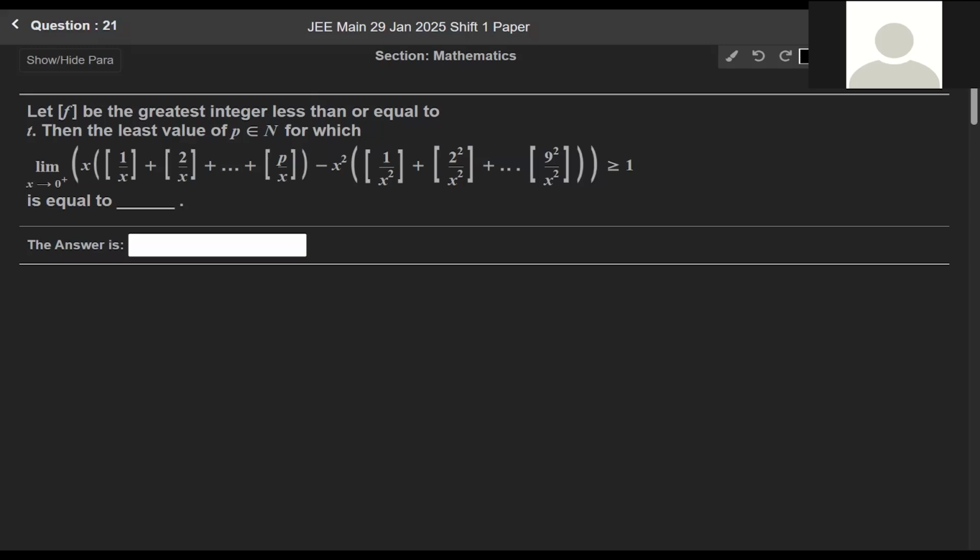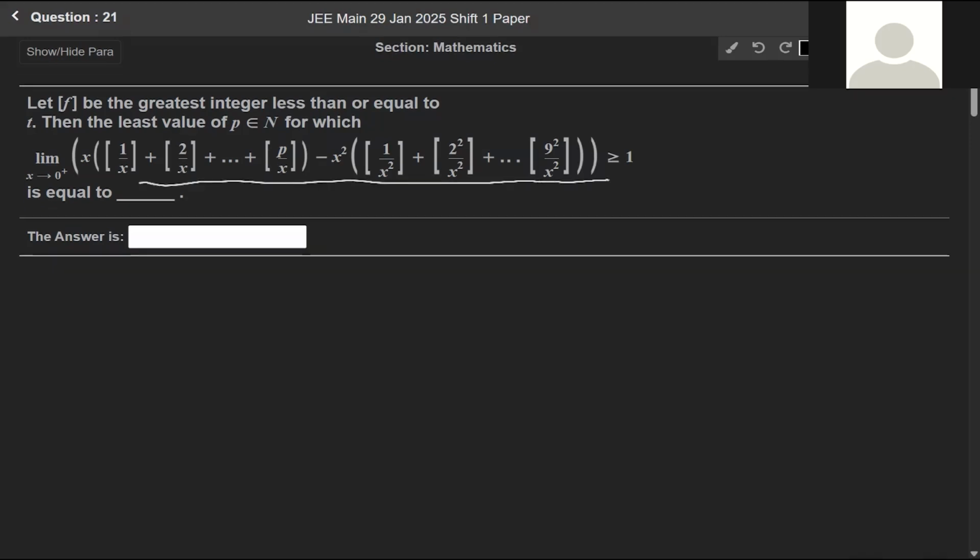Now the next question is 21. Let [t] be the greatest integer less than or equal to t. Then the least value of p belonging to N, for which this limit extends to 0, and this term is greater than or equal to 1, we have to find what it is.